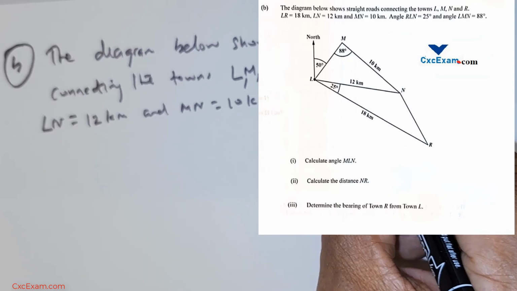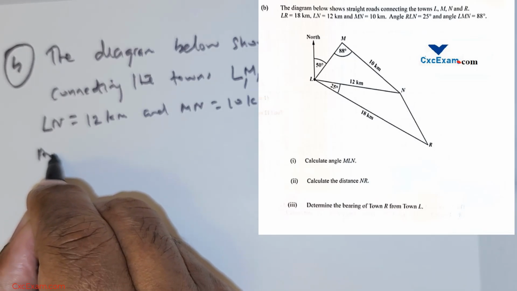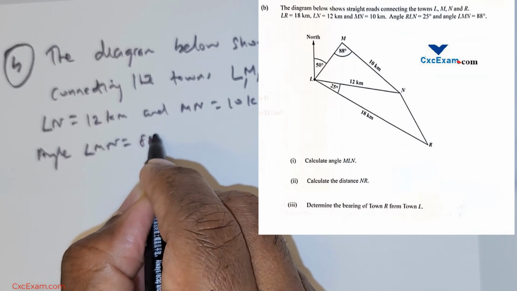Angle RLN is 25 degrees. Angle LMN is 88 degrees.